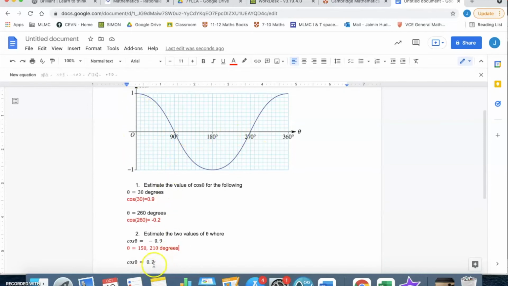All right, so now we want the angle where we have a reading of 0.2. So 0.2 would be here, and we can see that we have 0.2 at this spot here and this spot as well. Okay, so it looks like that's at 80 degrees, and the other one over here looks like it's at 280 degrees.